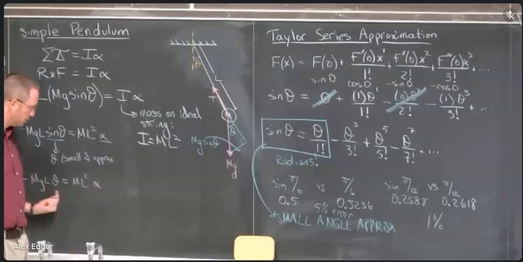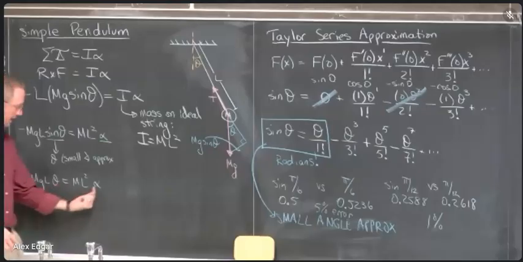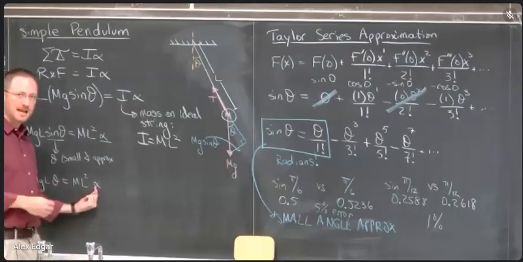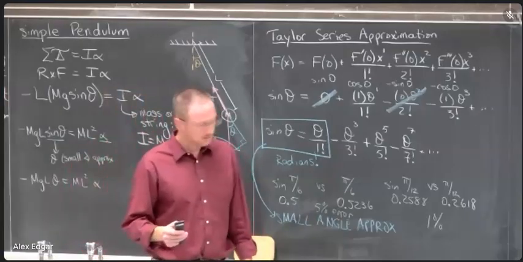We still have two different variables. Now, this looks a lot like simple harmonic motion because what we have is position, this is angular position, and over here we have angular acceleration. And remember the relationship between position and acceleration. Acceleration is the second derivative of position.